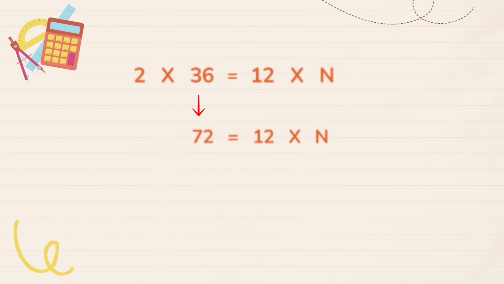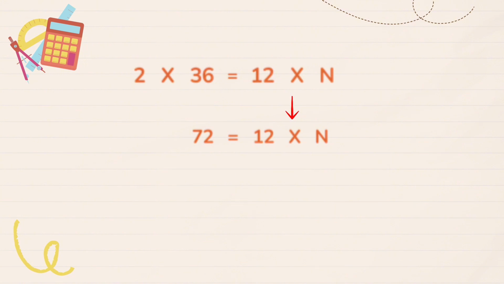Now what? Well, on one side of the new equation, we have two numbers being multiplied together. The next step is to go ahead and simplify by doing that multiplication. 2 times 36 equals 72. But what about the other side of the equation?